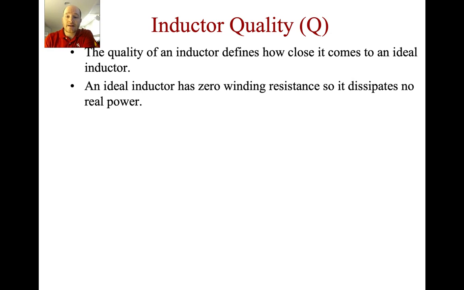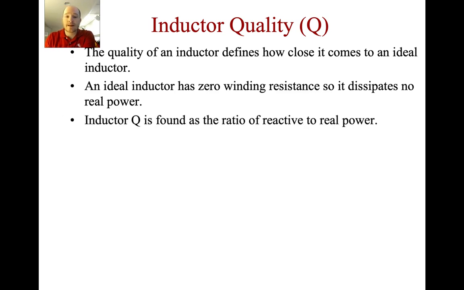The ideal inductor has zero winding resistance, so it dissipates no real power. When you're using a program like Multisim, or doing something mathematically like we just did with X of L, we're assuming no resistance in the windings. But in the real world, that's not going to happen.